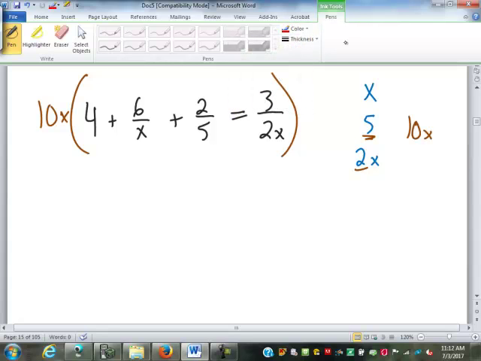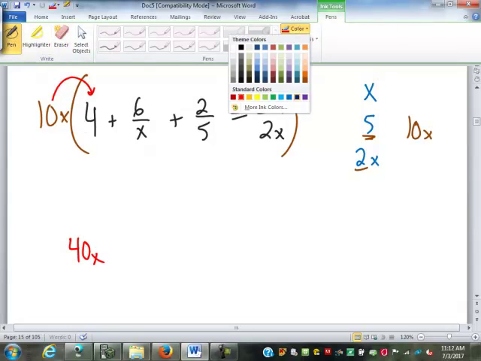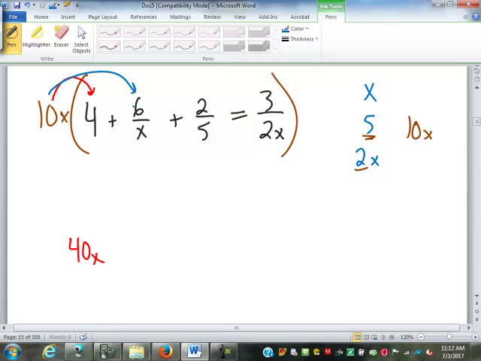Now what? 10x times 4 is 40x. Okay, 10x times 4 is 40x. There we go. 10x over 1 times the 6 over x.